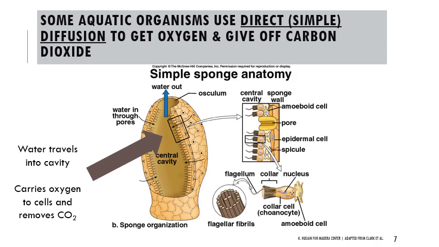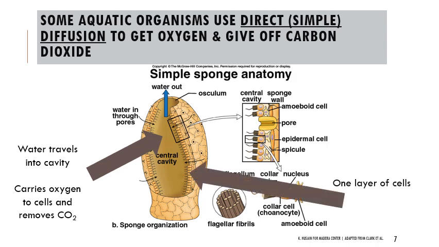One thing to pay attention to with this sponge is that it is a single layer of cells. So it's really easy for it to draw this water in, have that gas exchange happen with all of its cells, and then send that water out. But things get a little bit more complex as you get more and more layers of cells and tissue.